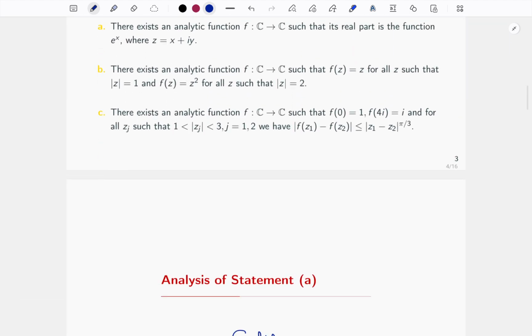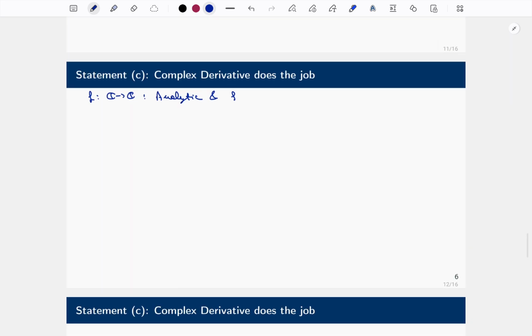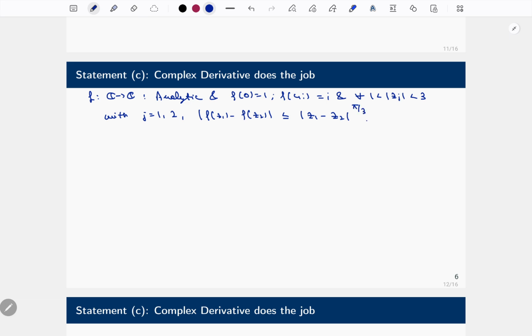So f at 0 was 1, f of 4i was i, and for all 1 less than mod of zj less than 3 with j equal to 1 or 2, I had mod of f of z1 minus f of z2 is less than or equal to mod of z1 minus z2 to the power pi over 3. Okay, so this was what was given to us.